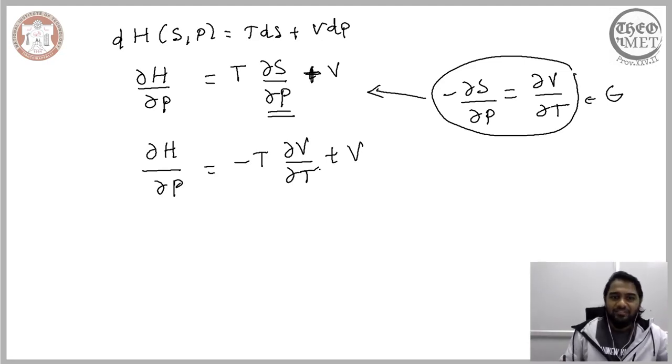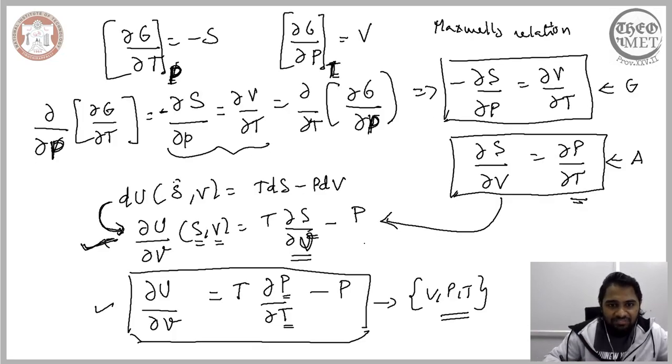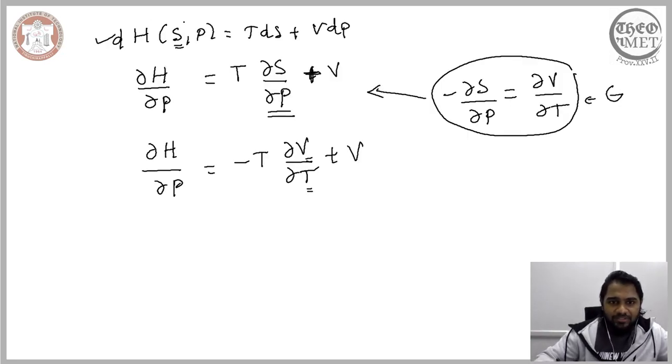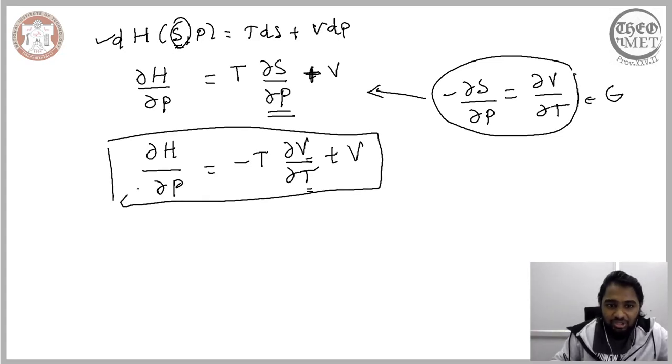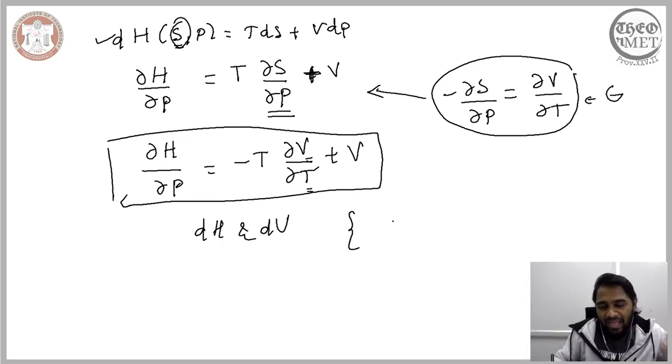Again, we have ensured that the change in enthalpy is no longer dependent on entropy, but only on volume and temperature. So originally both enthalpy and internal energy were dependent on entropy, and now through Maxwell's relation we are in a position to express the change in both enthalpy and internal energy in terms of more accessible variables, that is temperature, pressure and volume.